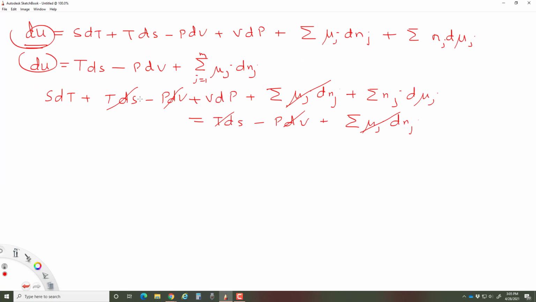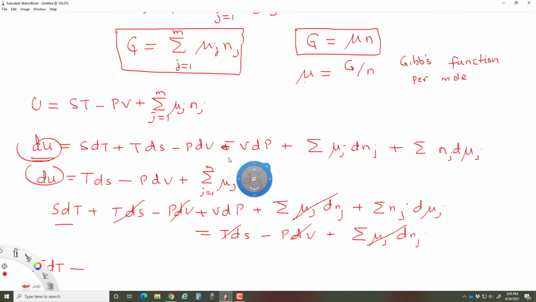Then we'll be left with S dT, minus, so we have a minus here, that means this needs to be negative. I think I didn't consider that sign, so let's go back and see.